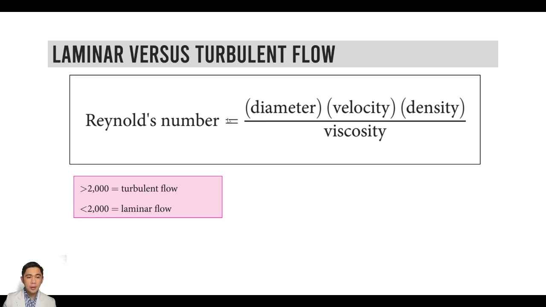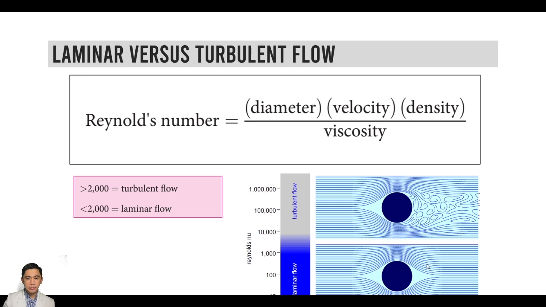Reynolds number is directly proportional to the diameter, velocity, and density of fluid, and it is inversely proportional to the viscosity of the fluid. So in this figure, with a Reynolds number more than 2000, you will expect turbulence, but if it's less than 2000, you will expect laminar flow.